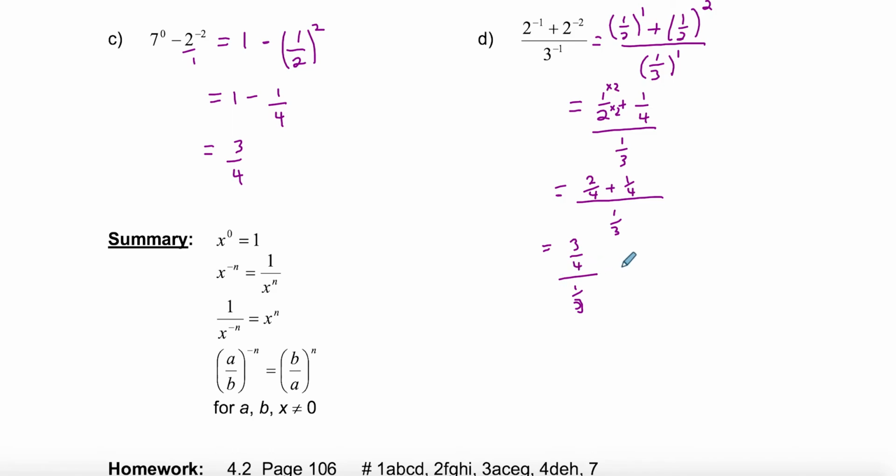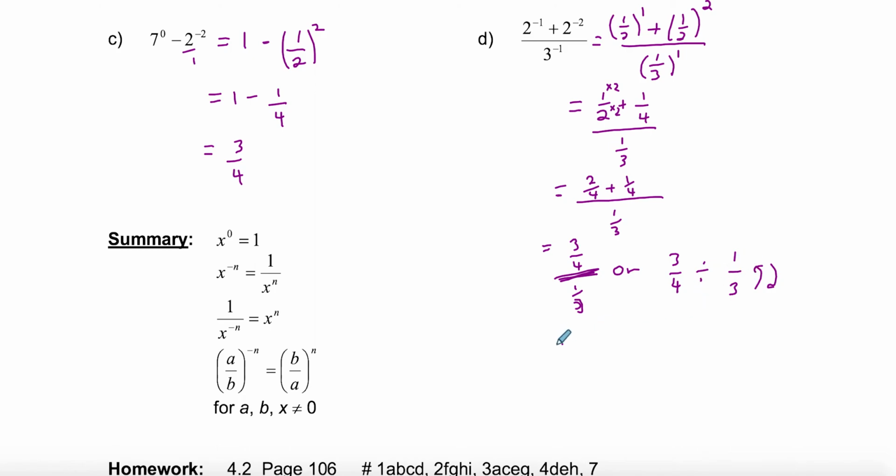I like this much better when it's written like this. What if it was 3 quarters divided by 1/3? To me, that makes much more sense because I remember a rule. When I'm dividing fractions, I invert, so I flip this one upside down. Do you remember? Invert and then multiply.